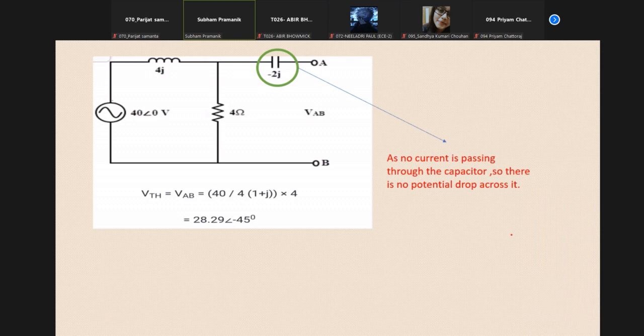So you see the calculation is simple. That means we need the voltage across 4 ohm, that is our open circuit voltage or VAB or VTH, whatever you say. So 40 divided by 4 plus 4J, that's the current, multiplied by 4, that's the voltage.